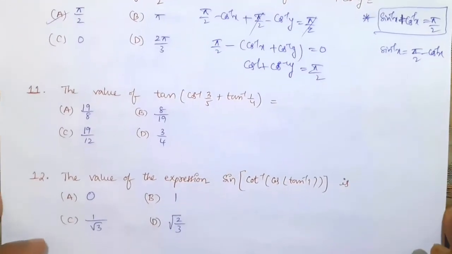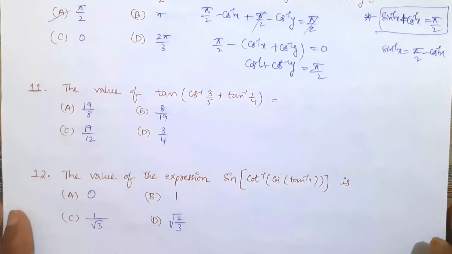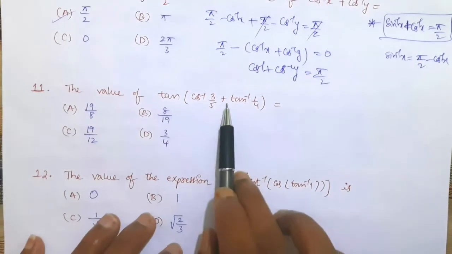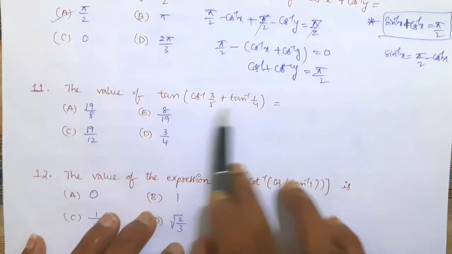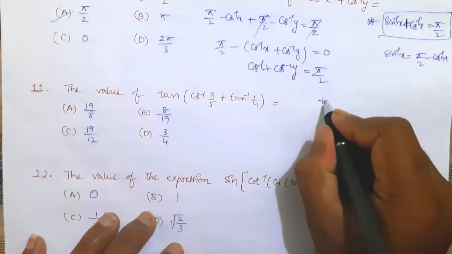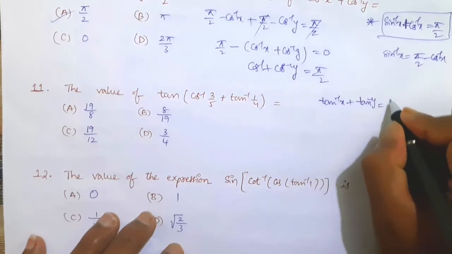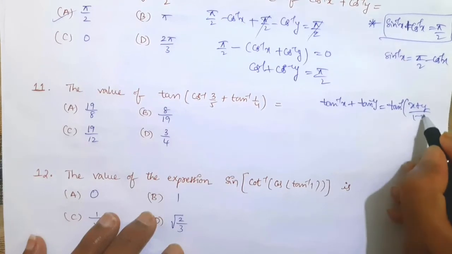Next, the value of tan of cos inverse 3 by 5 plus tan inverse of 1 by 4. See, in problems like this, whenever we have tan outside, convert these all in terms of tan. Why? Because we have the formula tan inverse x plus tan inverse y is equal to tan inverse of x plus y by 1 minus xy.